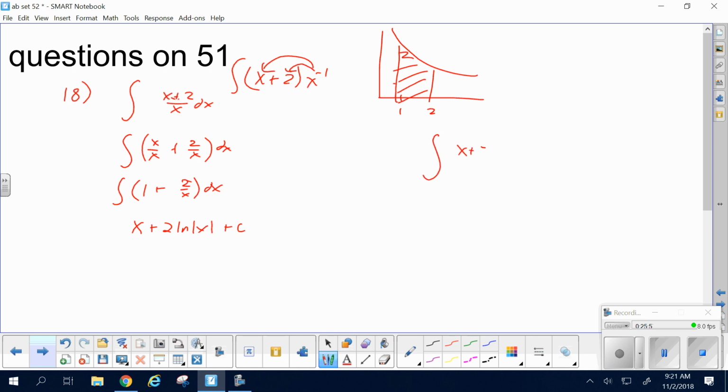Now be careful, because this you can absolutely split. But this, a sum in the denominator, you 100% cannot split. That's a no-go. You can't do that. And if you're thinking, well, just use numbers here. 4 plus 1 over 3 is definitely the same as 4 thirds plus 1/3.